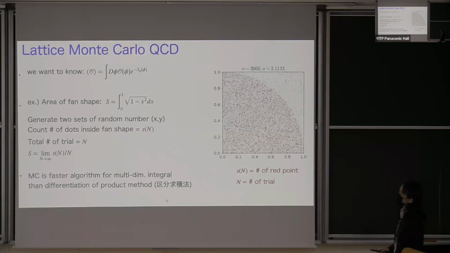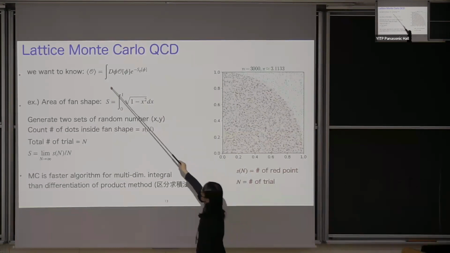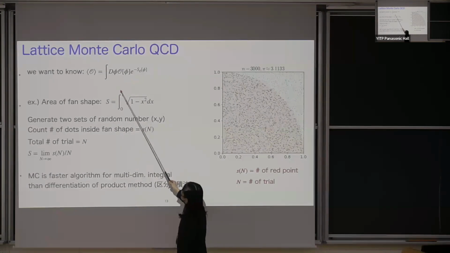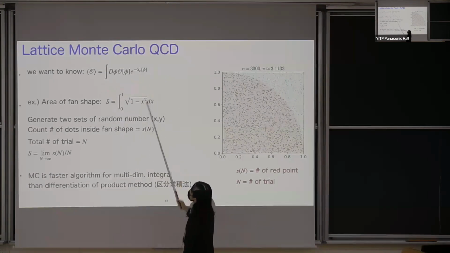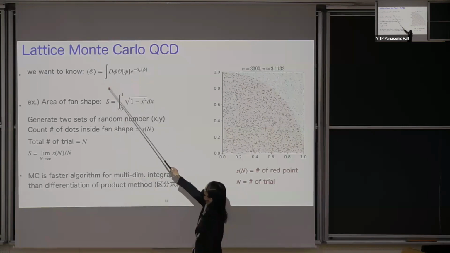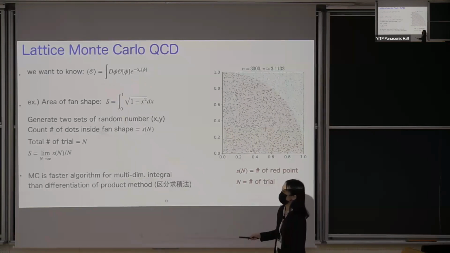Generally speaking, we would like to know the expectation value of a physical observable O. Using lattice Monte Carlo simulation, we calculate this quantity based on the Euclidean path integral formula. And this O is, for instance, the chiral condensate, the Wilson loop, or a correlation function of some composite state.